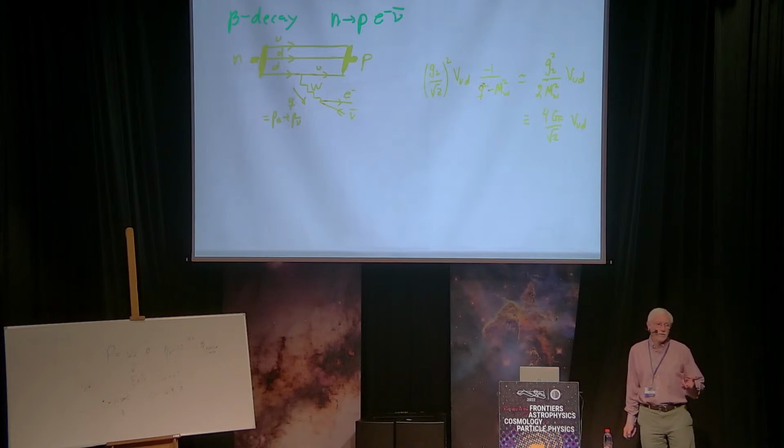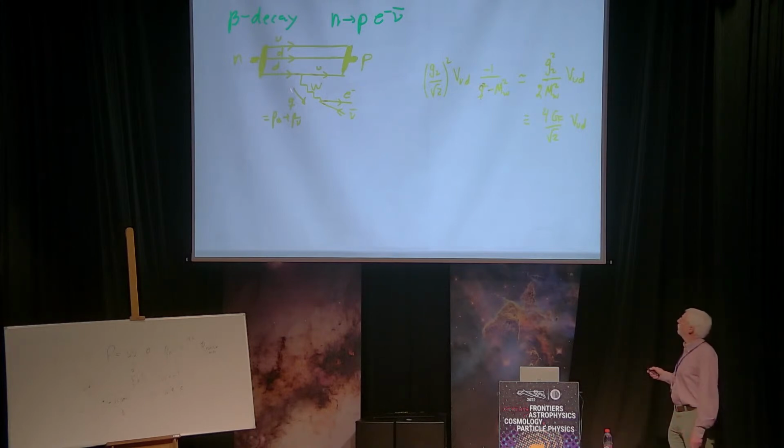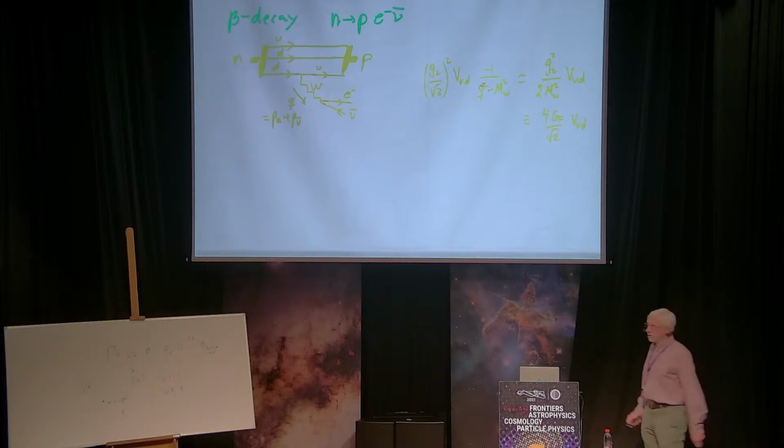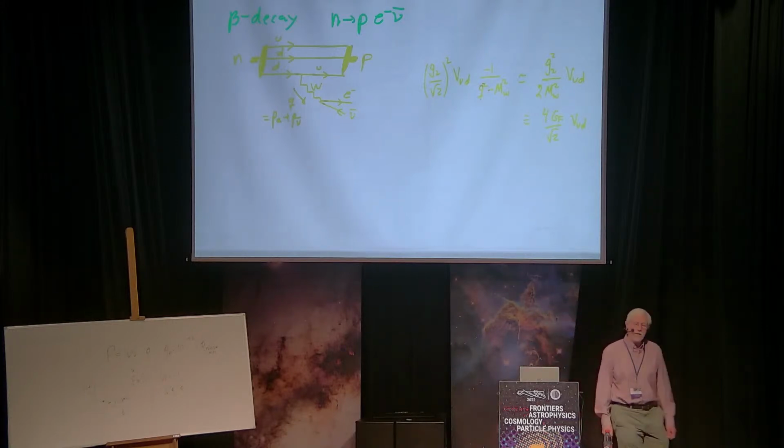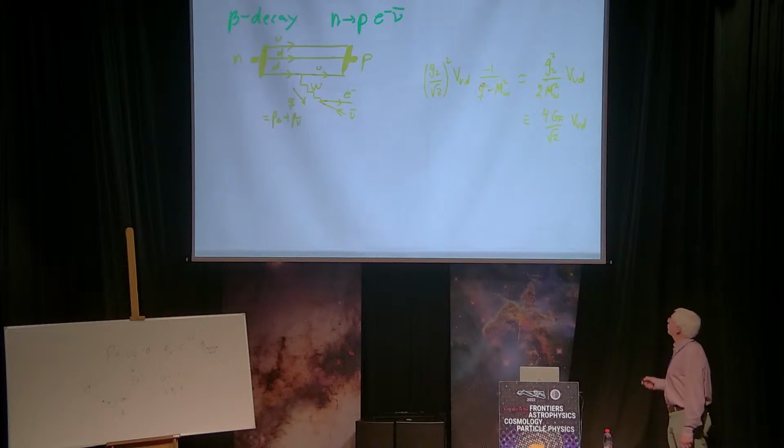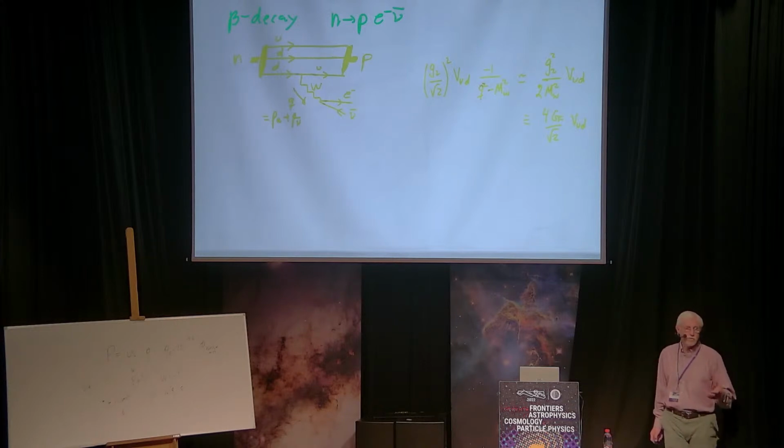And this is an interesting concept, actually. Conceptually, what we've done is ignore the presence of the W and thought of this as a transition where everything is happening at a point, like the D quark goes to a U quark and an electron and neutrino, and this whole thing is characterized by some constant. And there's a whole subject that I can't describe, called effective field theory, where when particles are very heavy, like the W, you can describe the interactions in the absence of those particles and it makes treatments much simpler.